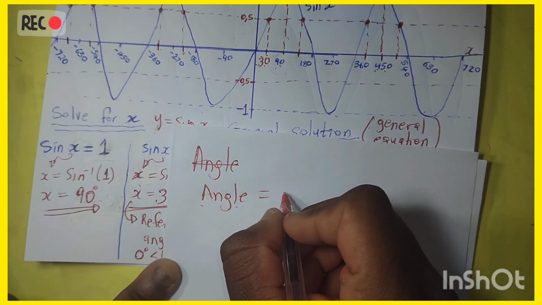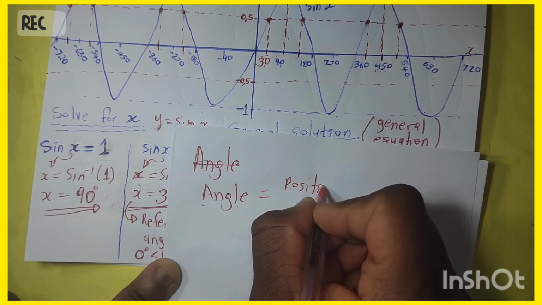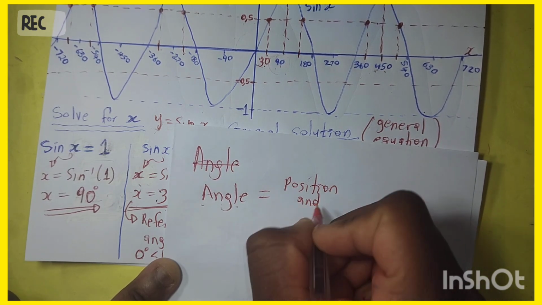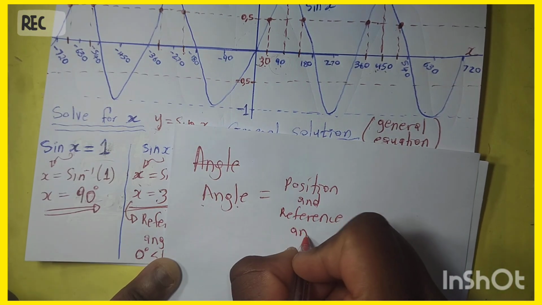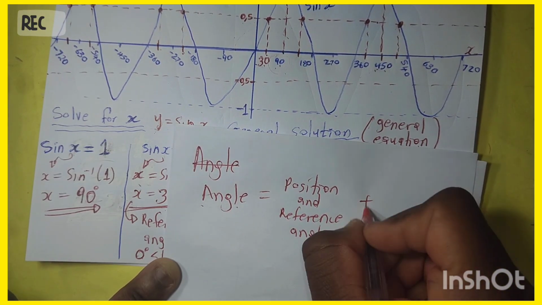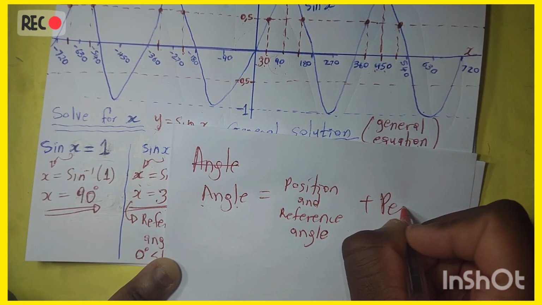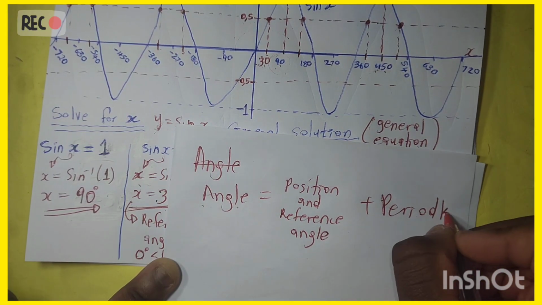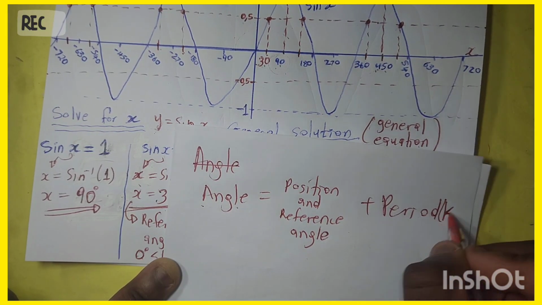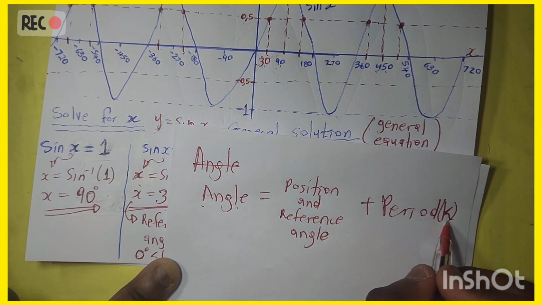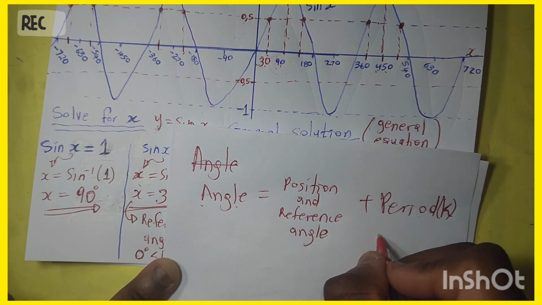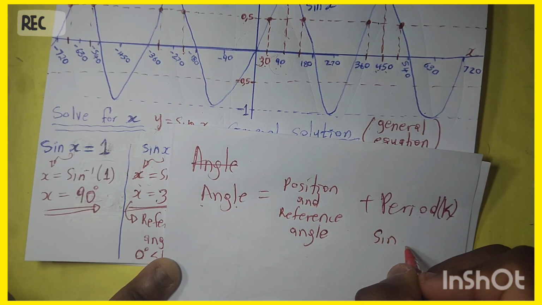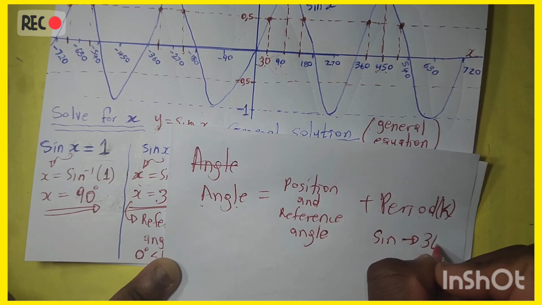Angle is equal to position and reference angle, plus period, period times k, and put k there. The period of the graph, guys, because this thing is sine, when it is sine, the period is 360.